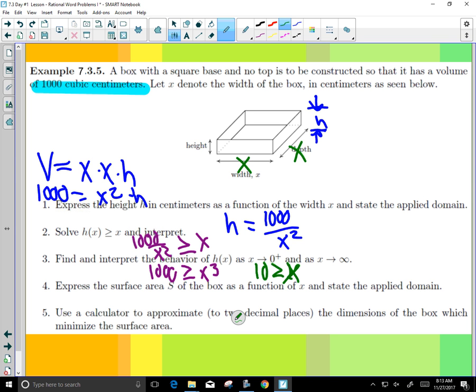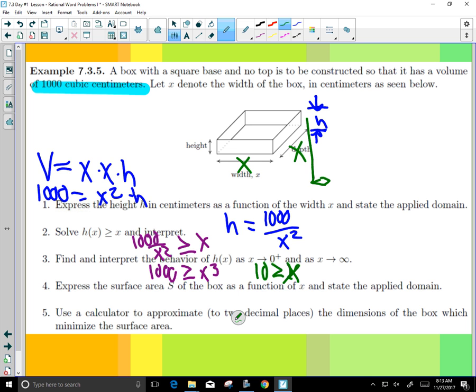Okay, let's go to part 3. Find and interpret the behavior as x goes to 0. So what is going to happen to the height if the width is really, really small? What's going to happen to the height?